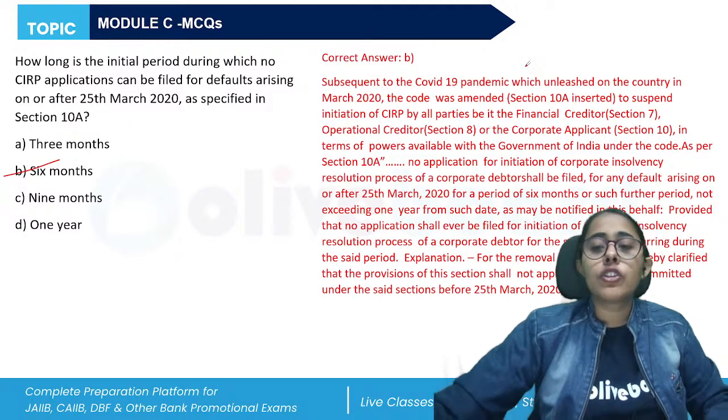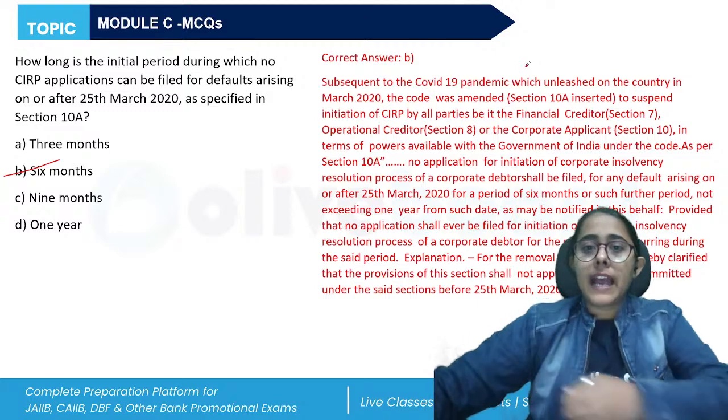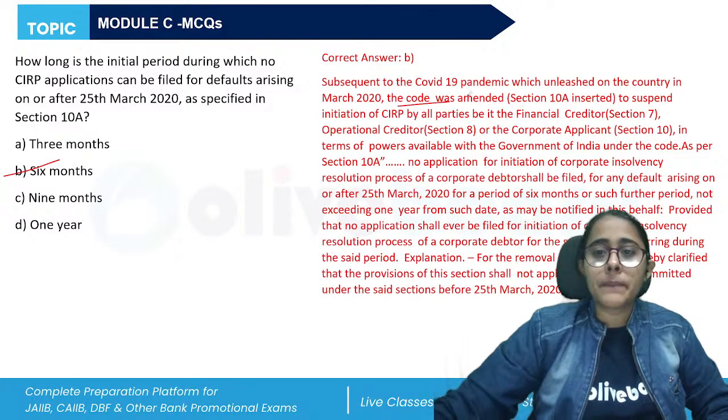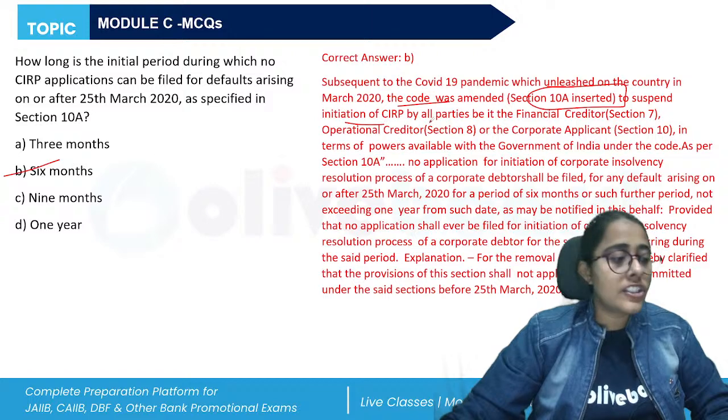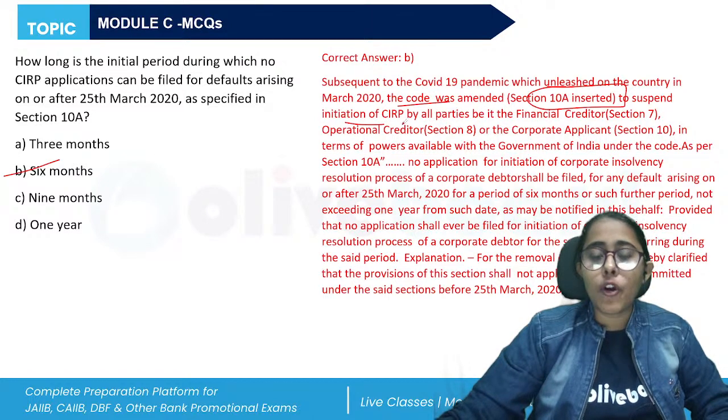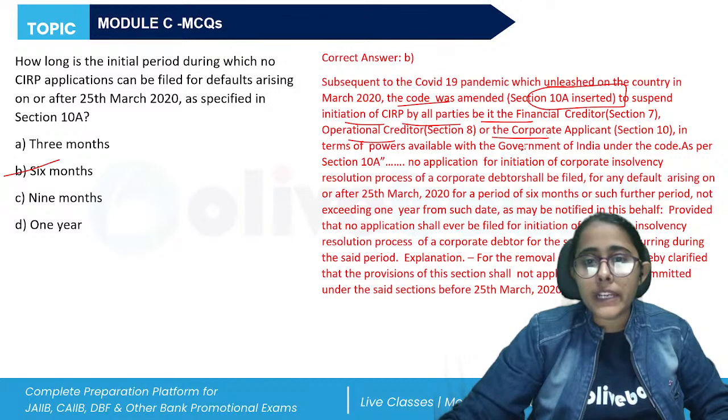This was after the COVID-19 pandemic that the code was amended and section 10A was inserted to suspend the initiation of the CIRP by all the parties, be it the financial creditor, the operational creditor, or the corporate applicant.